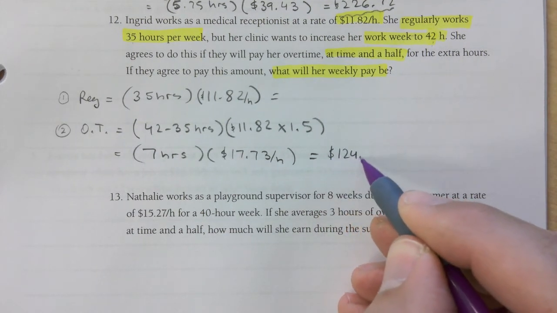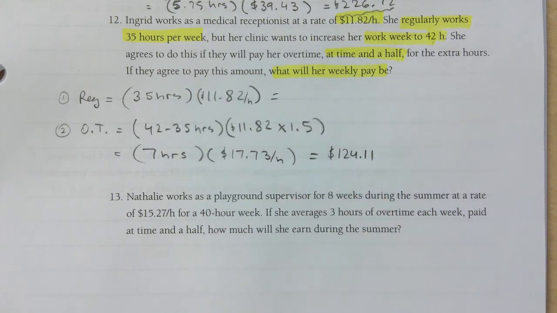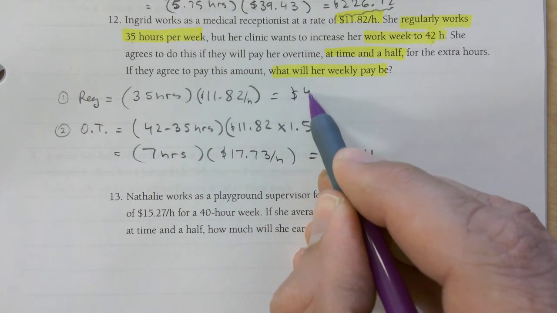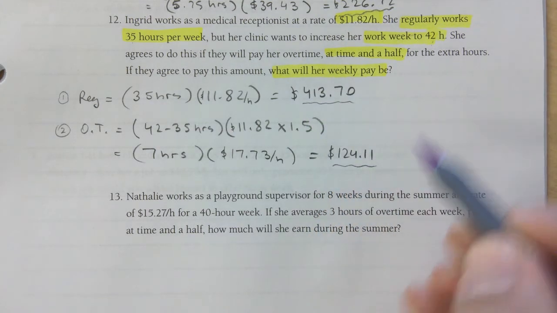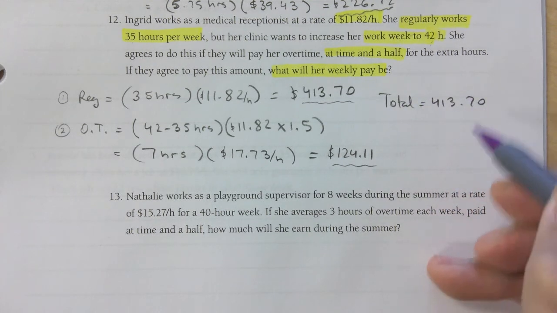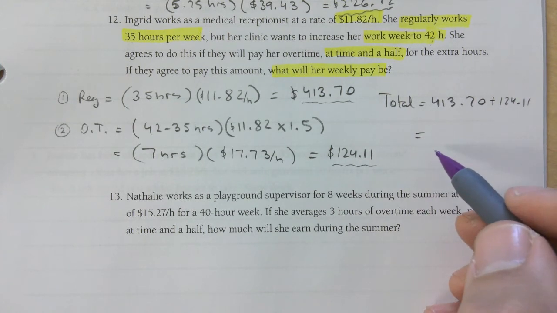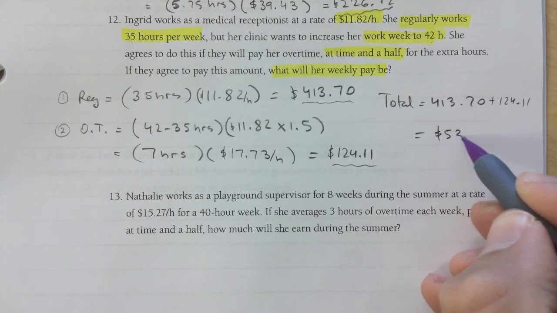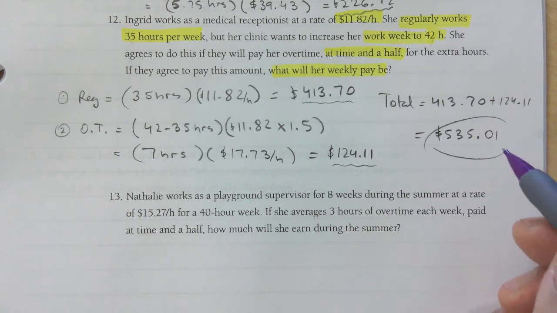And that's 124.11. For the regular, 35 times 11.82 is 413.70. That's 535.01 for the week.